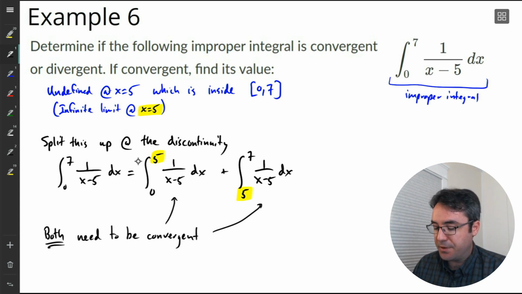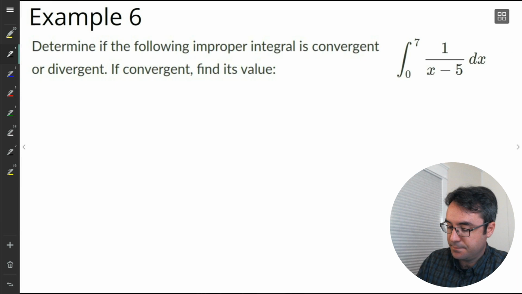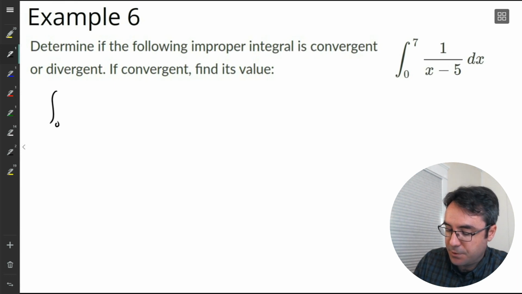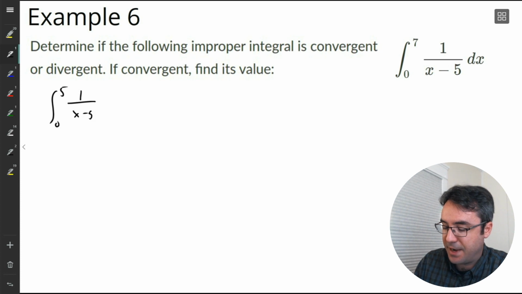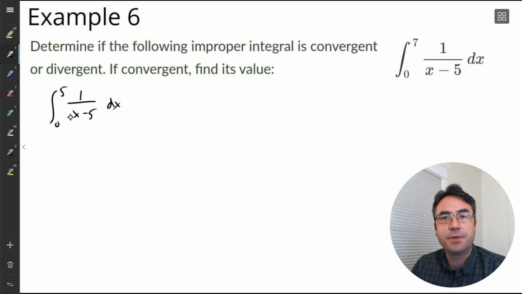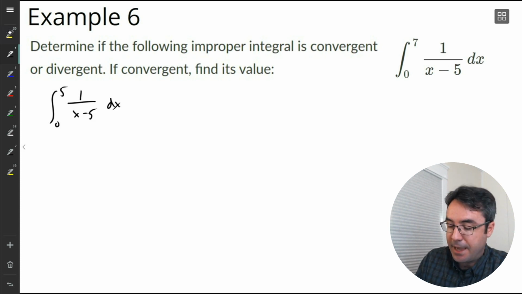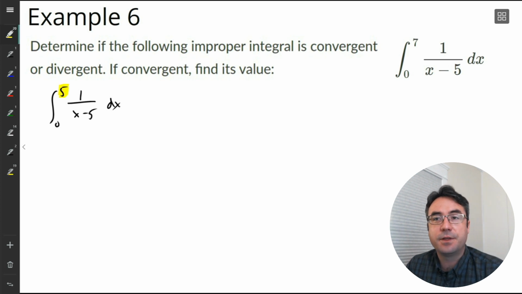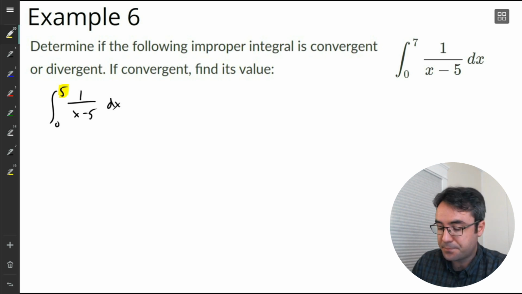So let's start with this integral from 0 to 5 of 1 over x minus 5. We could start with either one, but let's start with this one. So we're going to do the integral from 0 to 5 of 1 over x minus 5 dx. We know this is an improper integral, and the discontinuity happens at our upper limit, at x equals 5.